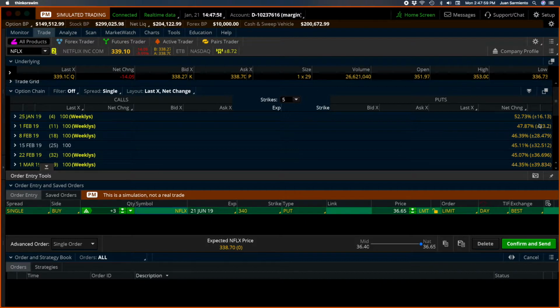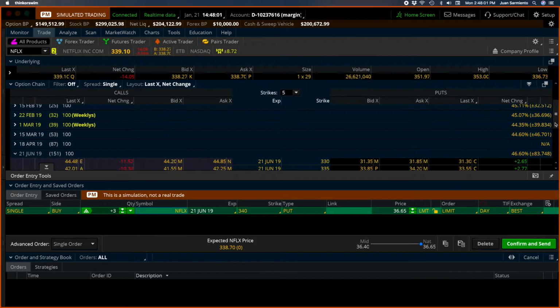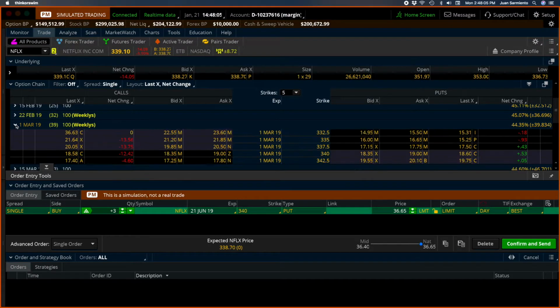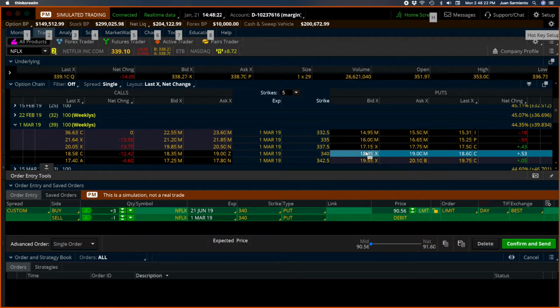Then add 2 puts, same strike price, same expiration of March as in our Genie, strike price of 340, and just press the Control key and add 1 short put, or 2.